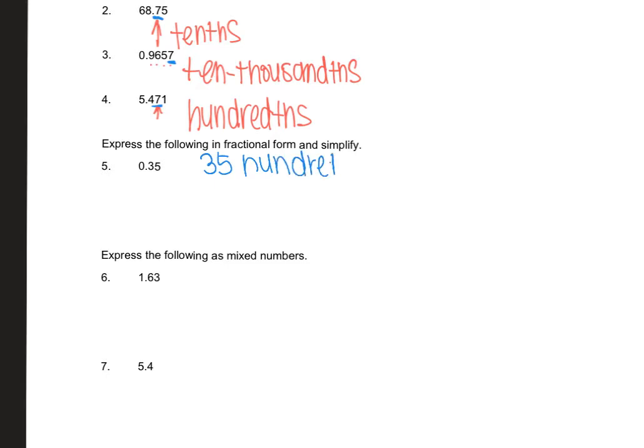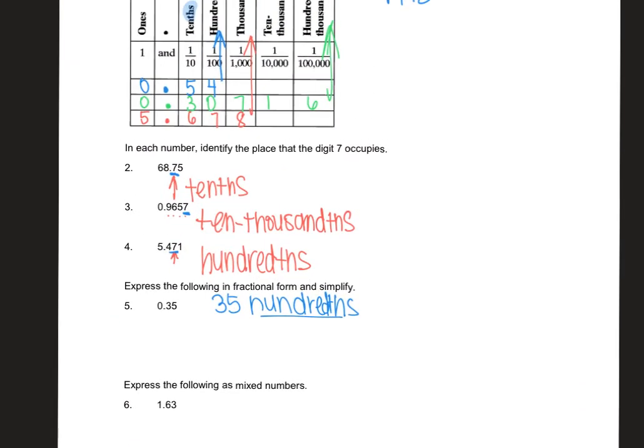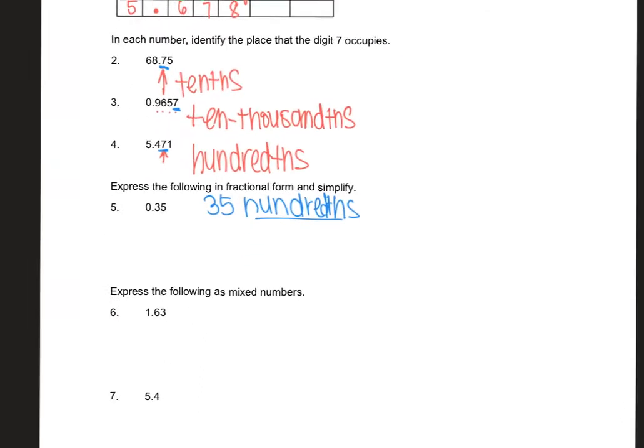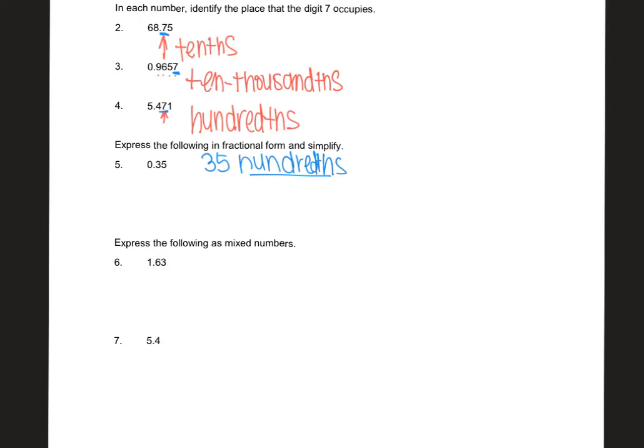Now, considering they are hundredths, it would make sense that 100 is somehow involved. If you look back up top, you see that it's 1 over 100. That's what would give you one of them. So if there's 35 of them, essentially 35 is your top number and 100 is your bottom number.